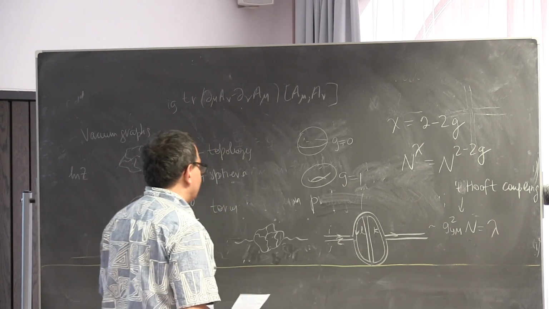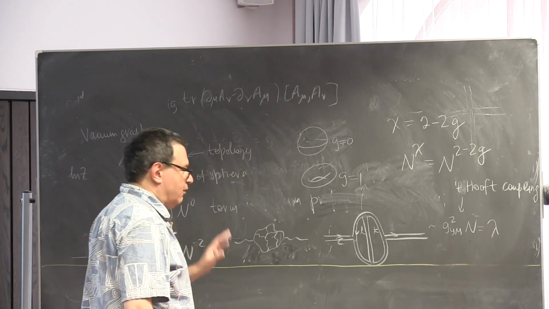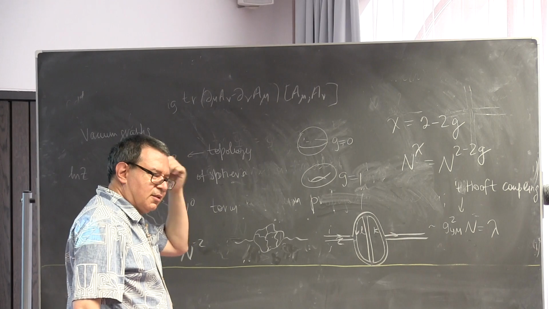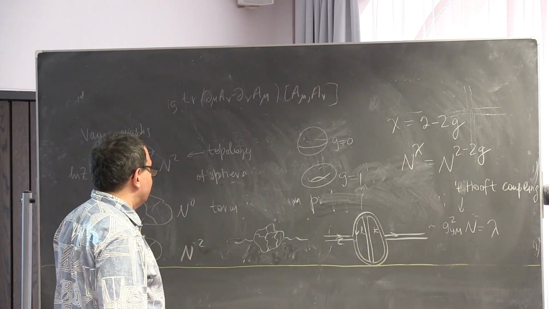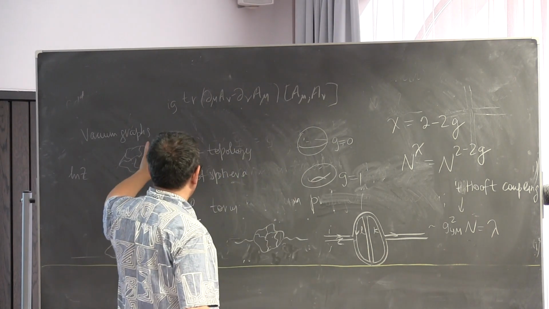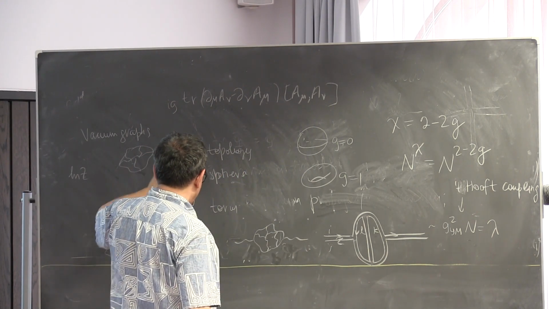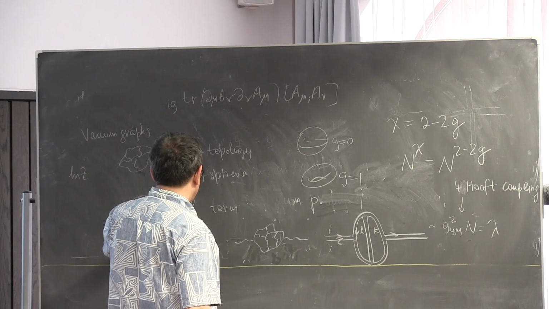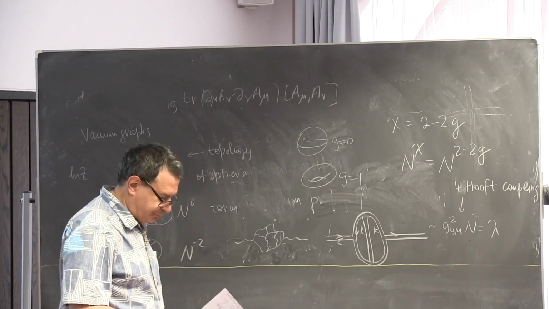I'll give a very simple general argument for this next time. It's actually in my notes also. But you see that all the spherical topology, genus 0, go like N squared, and genus 1 goes like N to the 0, and so on.